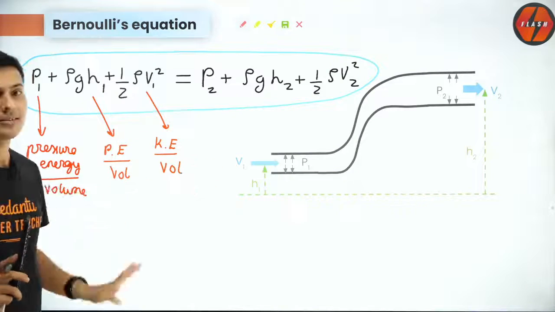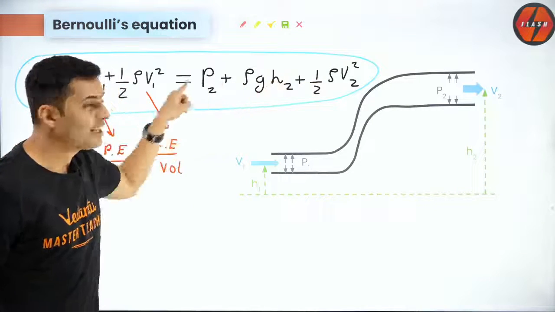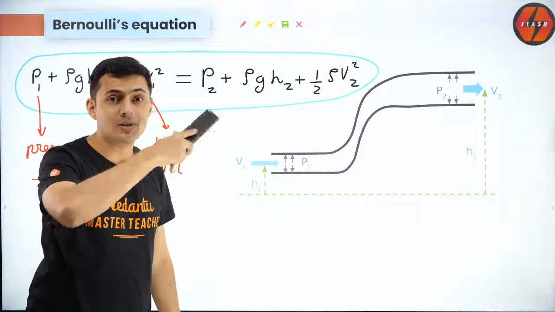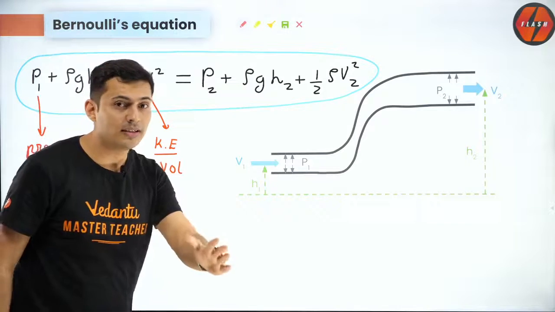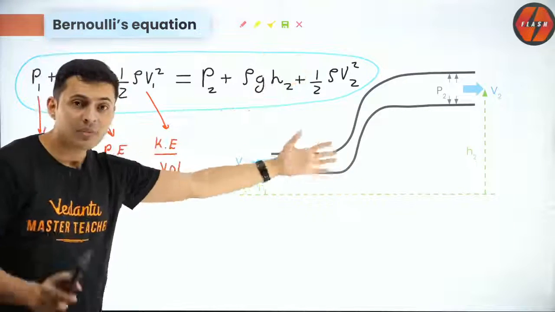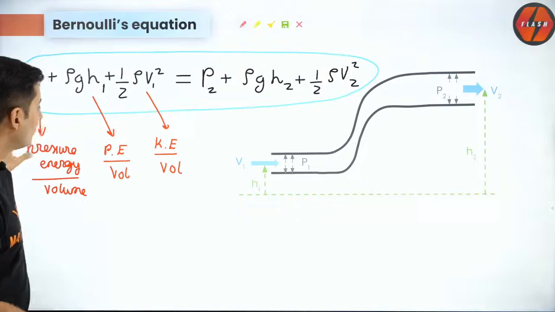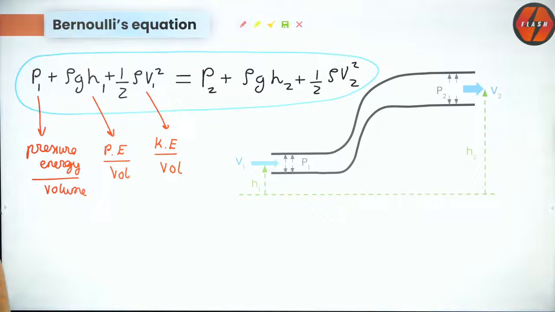That is what this equation says. And we have assumed that density remains constant, that is why rho is the same. Second, there is no loss of energy, that's why the total energy before and after is the same. Else, if there were some losses, you would never see this being equal. Very, very important.